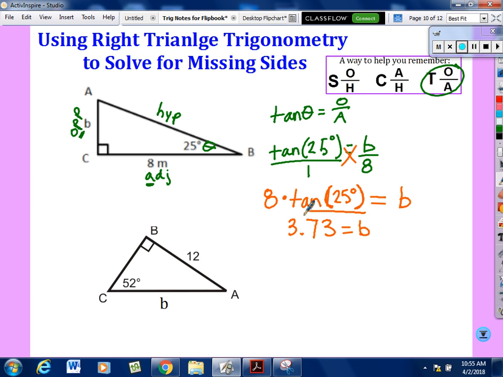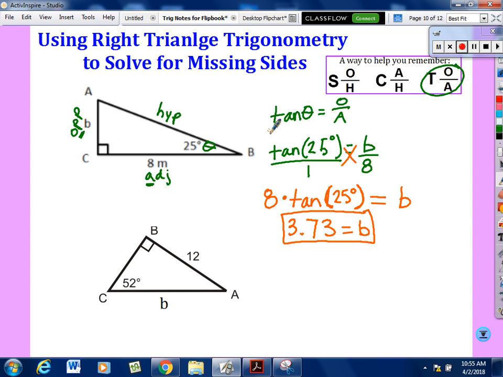And I would want to see if that answer seems reasonable. So if you look back at your triangle, 25 degrees is going to be the smallest angle in this triangle, so therefore the side opposite of it must be the smallest side. So 3.73 seems possible because it's smaller than 8. That's how you would work out finding a missing side.